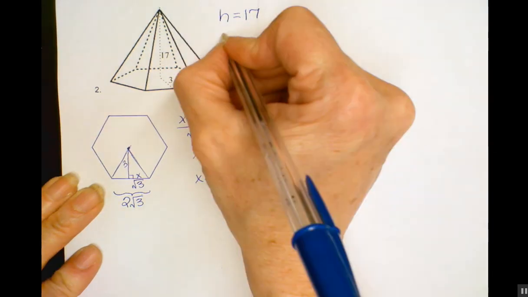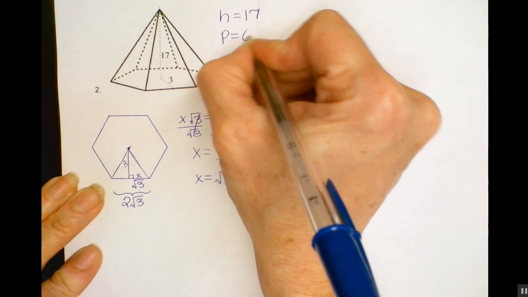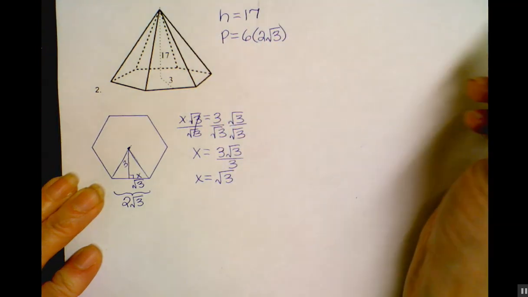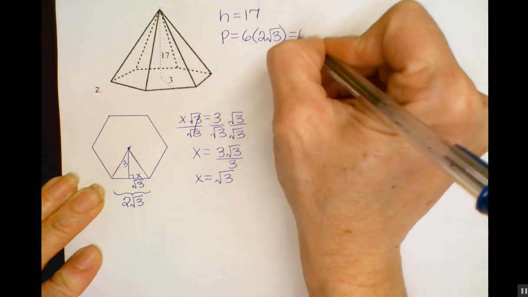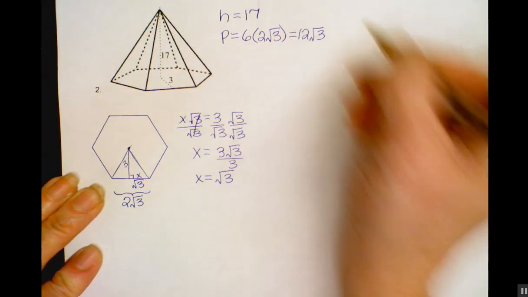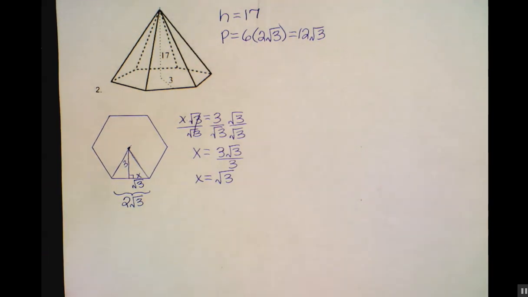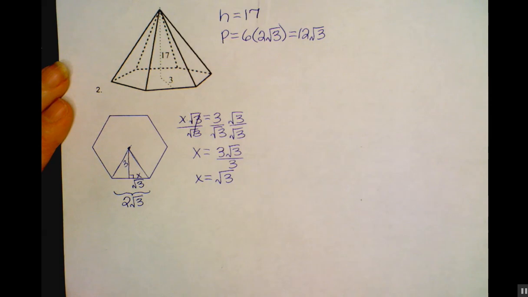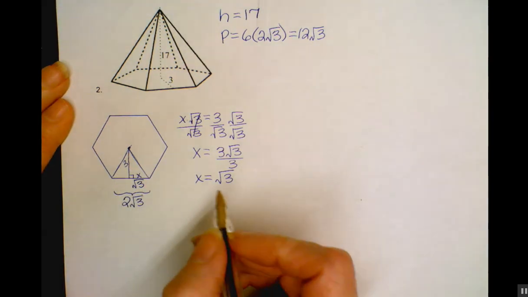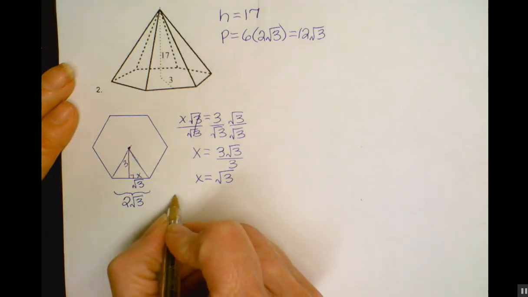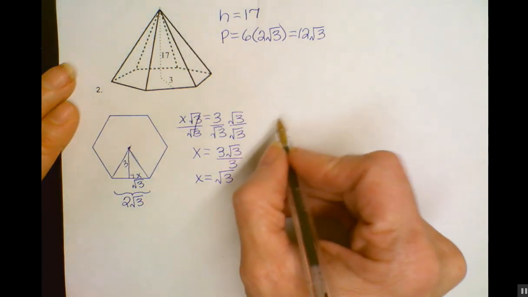All right, now from that, determine the perimeter. We have a hexagon with 6 sides, each of which is 2 root 3 units long. So the perimeter, 12 square root 3. Okay, next thing we need to do is determine the area of the equilateral triangle. So we know the length of the base, we know the measurement of the height, which means we have everything we need to find the area.